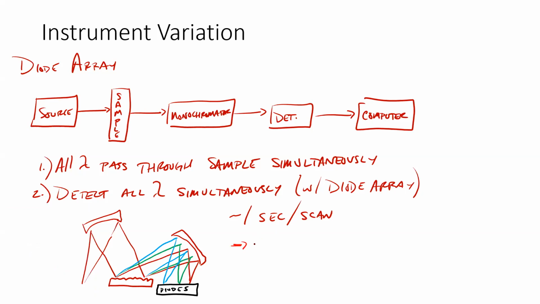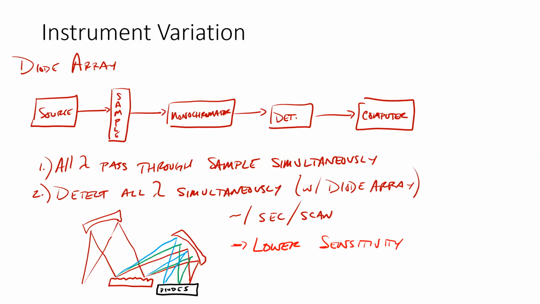So if we're unable to pick up really low concentrations, which one of our figures of merit means it is not great? The sensitivity? The sensitivity, absolutely. And so diodes tend to have lower sensitivity than other detectors.